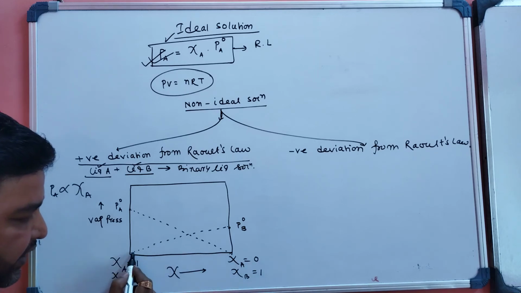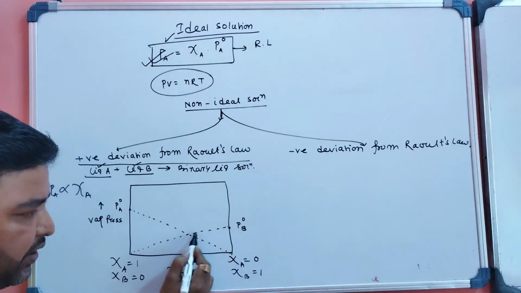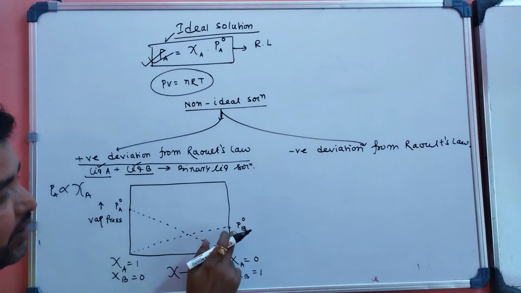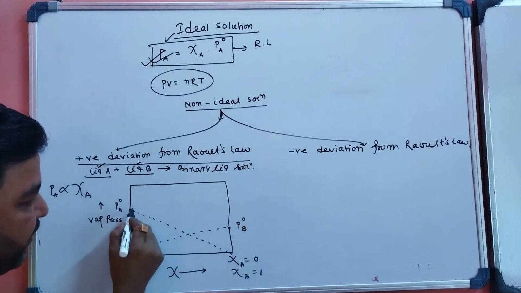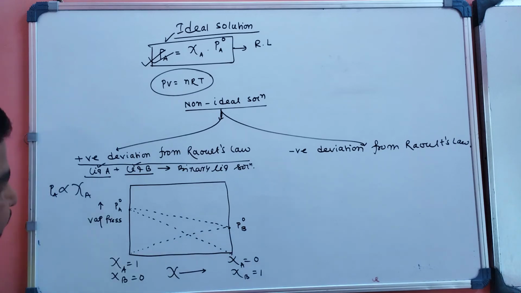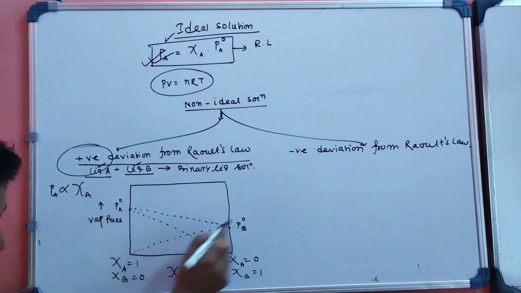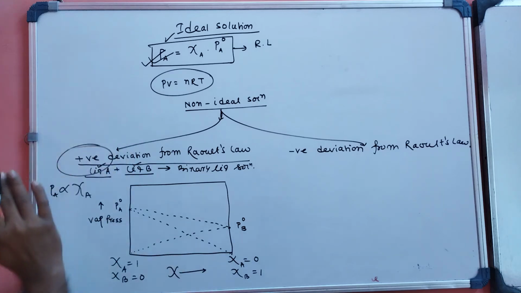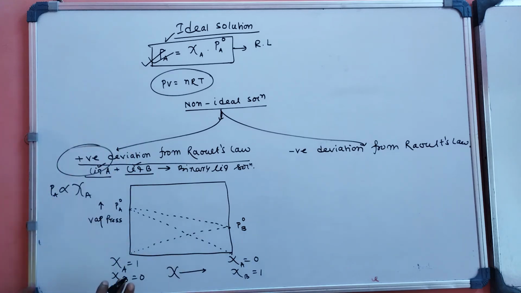Similarly, chi B increases, the corresponding vapor pressure also increases, and when the mole fraction becomes 1, meaning only liquid B is present, then the vapor pressure is P naught B. This graph, this line, is expected from Raoult's law. If the solution behaves ideally, you get this type of line.